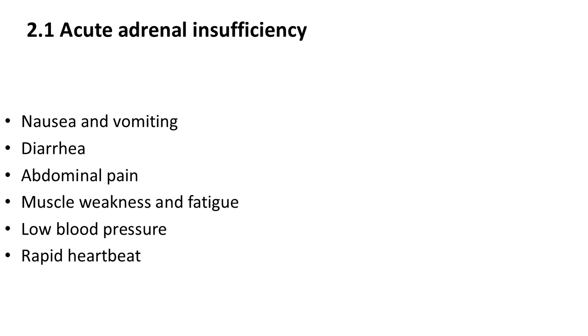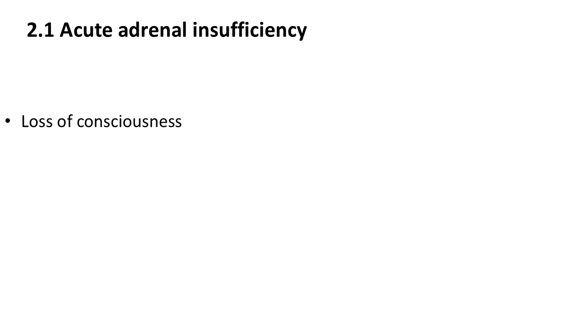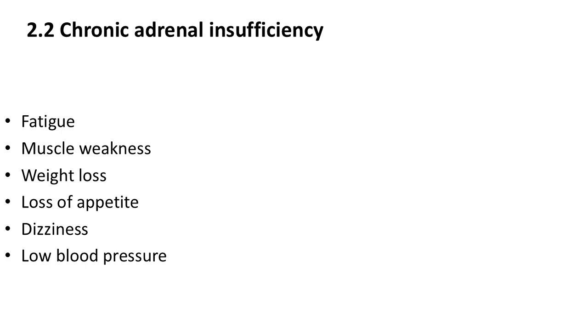2.1 Acute adrenal insufficiency. Nausea and vomiting. Diarrhea. Abdominal pain. Muscle weakness and fatigue. Low blood pressure. Rapid heartbeat. Loss of consciousness. 2.2 Chronic adrenal insufficiency. Fatigue. Muscle weakness.